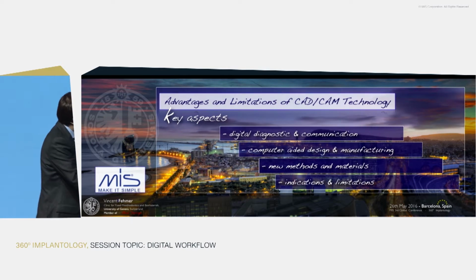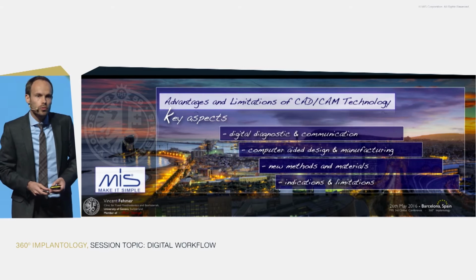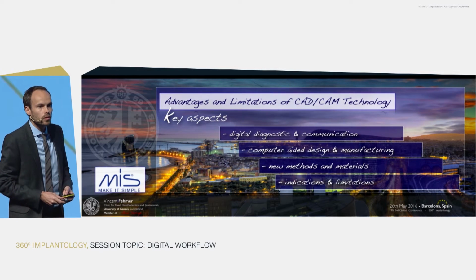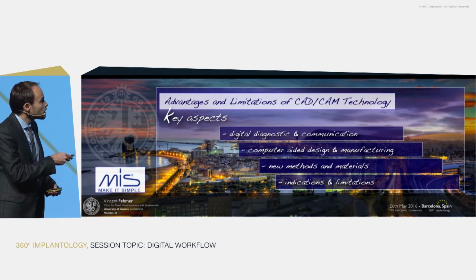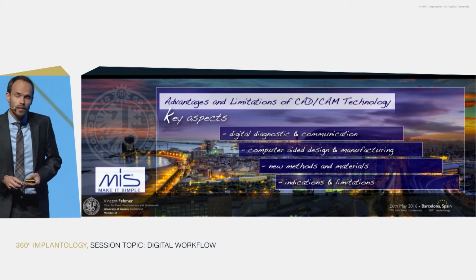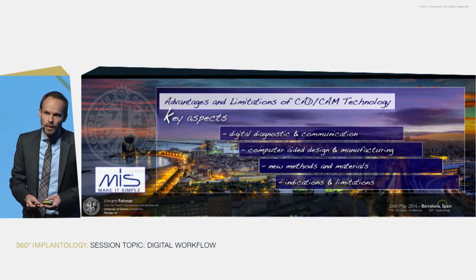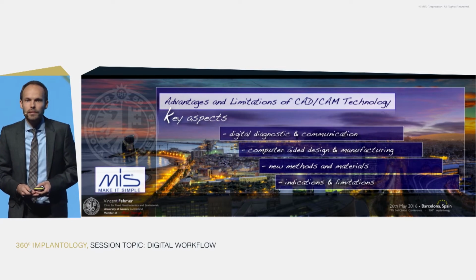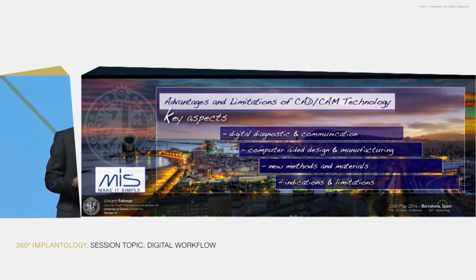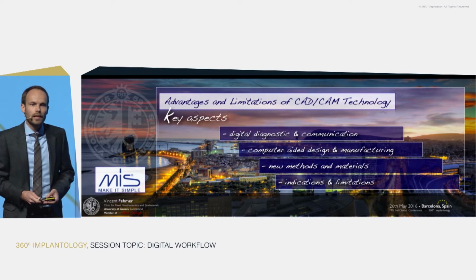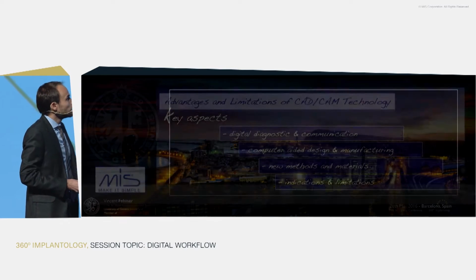All of this aligns with new methods and materials that we are able to use today, many of which you saw during the last sessions and lectures. To summarize, I will show you the indications and also limitations that we see up till now, by means of 3 cases, starting with a conventional, simple, straightforward case of a 4-unit posterior bridge, translating this to the anterior zone, and finalizing with a complex full upper arch reconstruction.